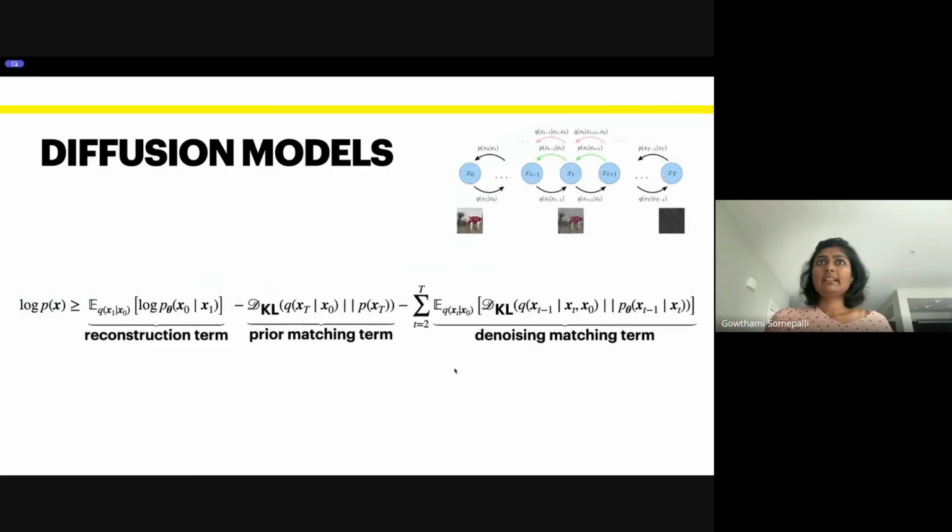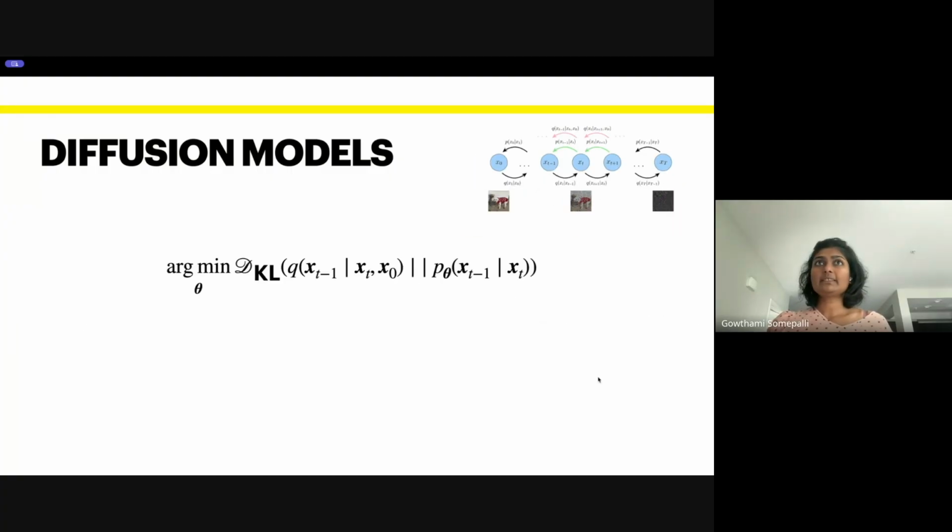Okay, let's ignore most of these terms and just pay attention to a single term. This one we can compute at training time. We have access to both x0 and xt, and we are learning a neural network that can accept only xt, but still be able to predict xt minus 1.